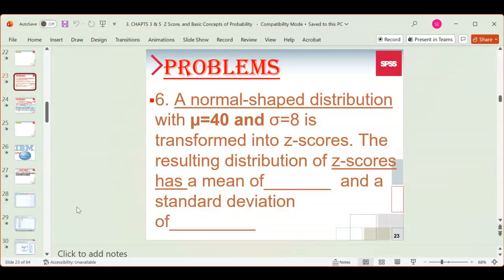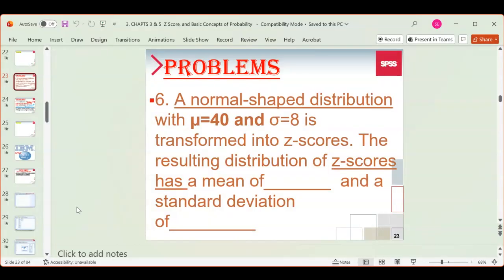We wanted to convert it or transform it into z-score. The question is, what would be the resulting distribution of z-score? A mean and standard deviation. They're asking you, what is the mean for the z-score and what is the standard deviation for the z-score?